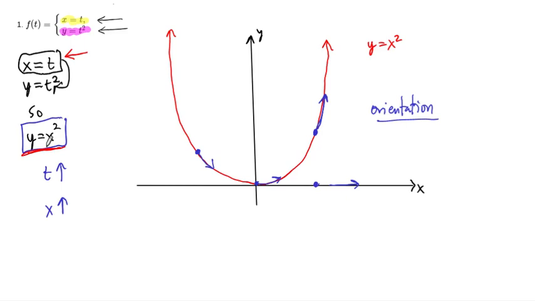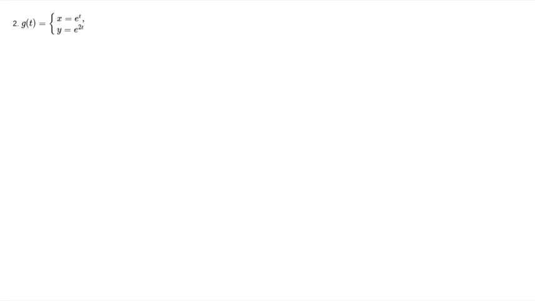Okay, so let's look at a couple more examples that are very similar, but actually a little bit different. This one, again, has two formulas, one for x and one for y. The first one is x equals e to the t, and the second one is y equals e to the 2t. But by our exponent rules, we know that e to the 2t can be written as e to the t quantity squared.